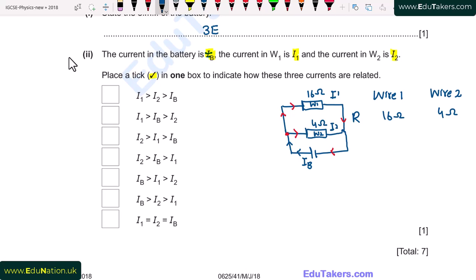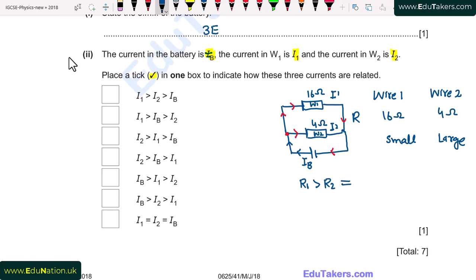Wire 1 has larger resistance compared to wire 2. I also write here R1 is greater than R2, so the current passing through wire 1 will be smaller compared to wire 2, because current is inversely proportional to resistance when the potential difference is constant.